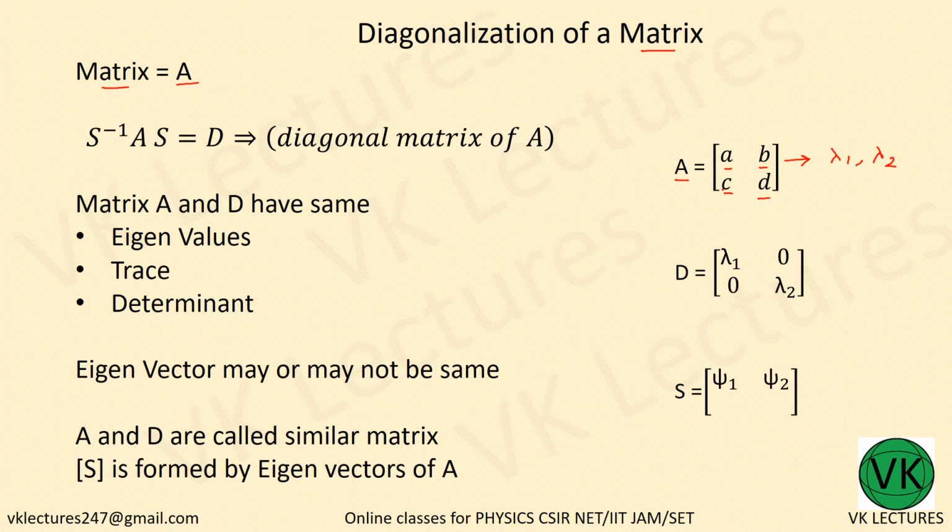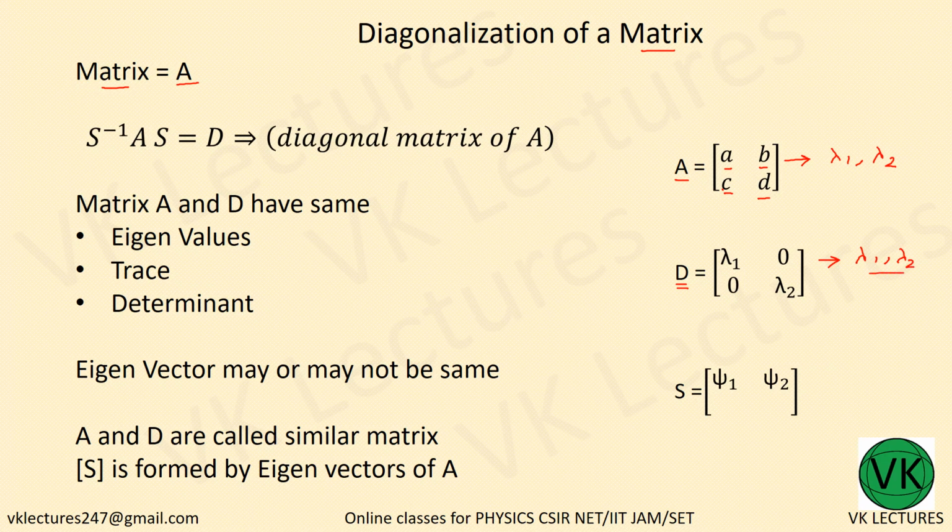Then the diagonal matrix is nothing but lambda 1 and lambda 2, the eigenvalues, in terms of which we are writing A.